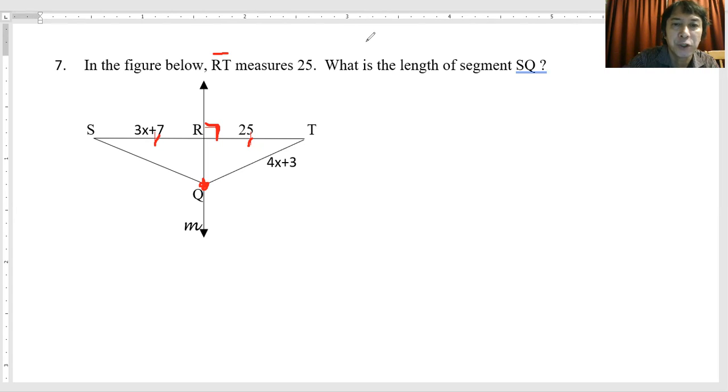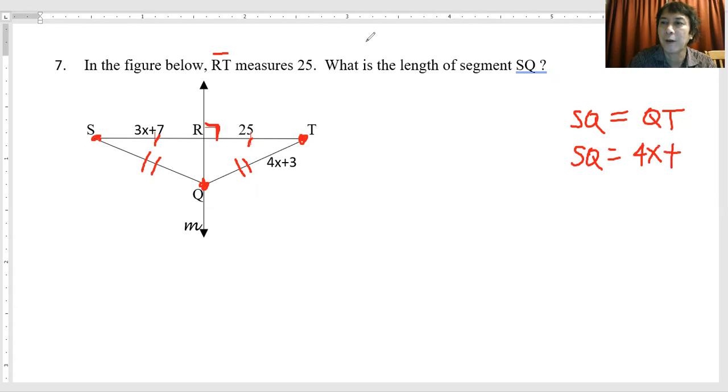Therefore, point Q is equidistant to point T and point S. That means SQ is equal to QT, and we can have that equation: SQ equal to QT, which is equivalent to 4x plus 3.